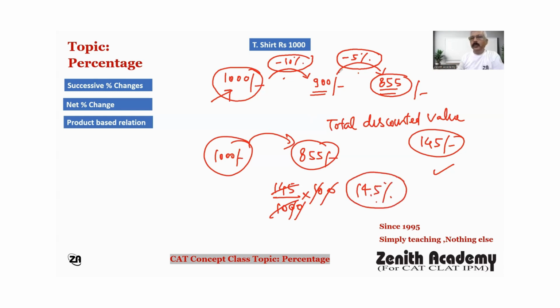So in place of these two successive changes, if a single discount is there equal to the discounted value 145, it is 14.5%. You got it? We call it the net percentage change. Means on rupees 1000, the net percentage change is 14.5%.